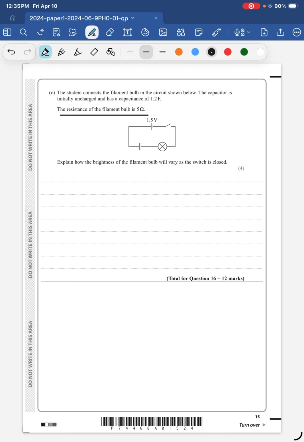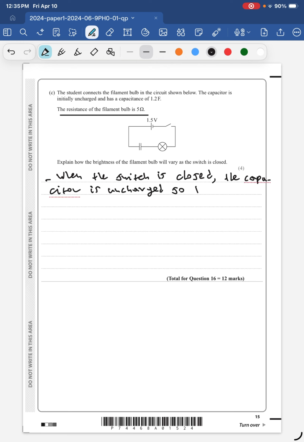So when the switch is closed, the capacitor is uncharged, so the bulb gets the full supply and maximum brightness.